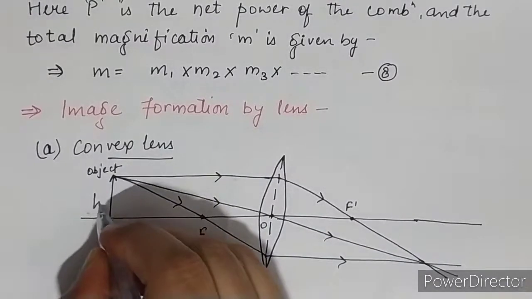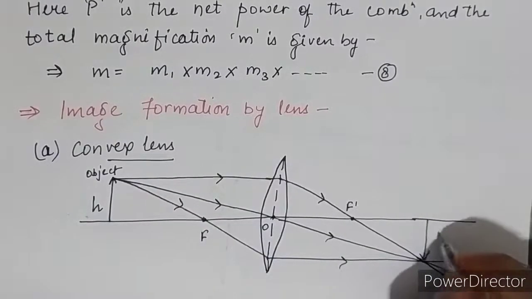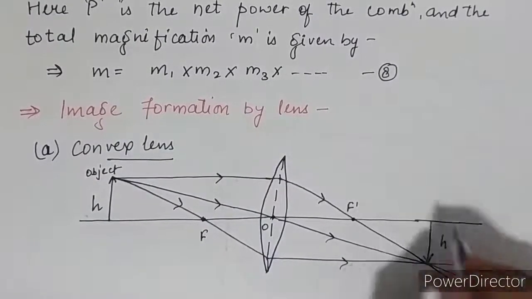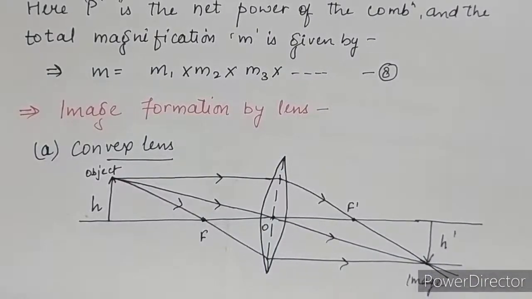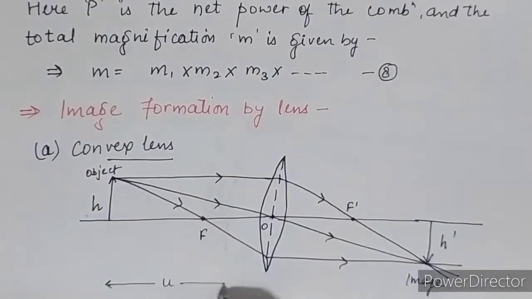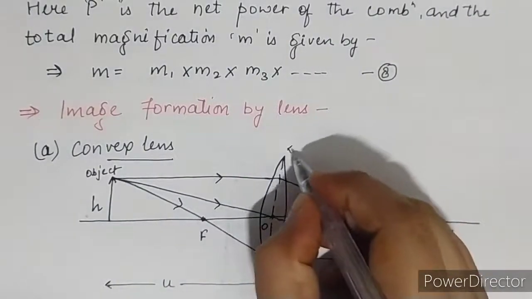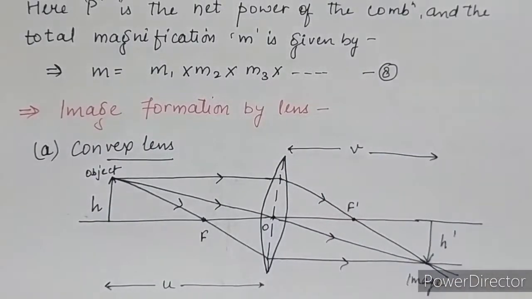Here it is the height of the object, and here the image has been formed, H dash. This is the image. Okay, this is your object distance u, and here is your image distance v.